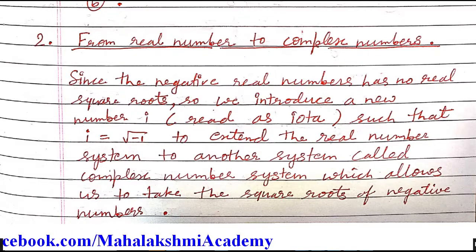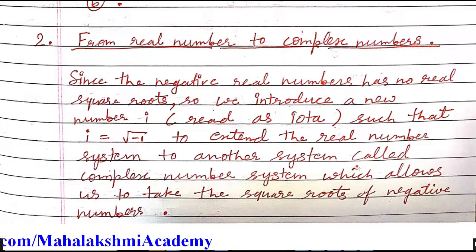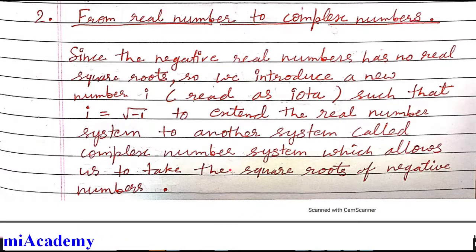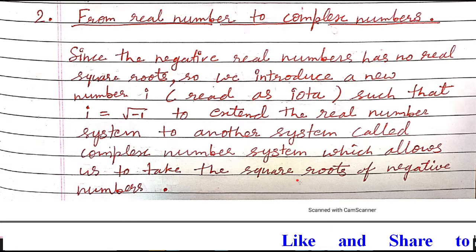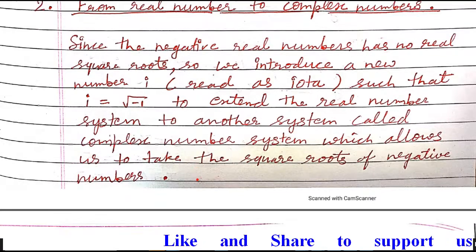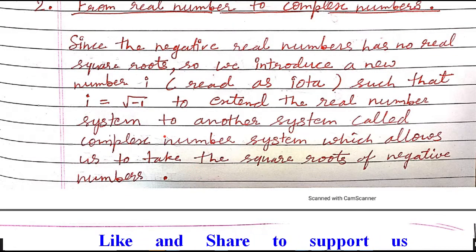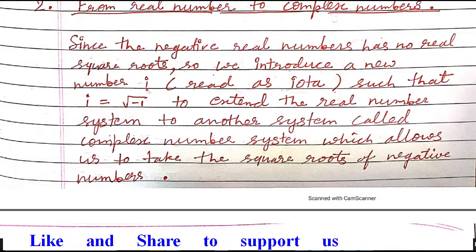To extend the real number system to another system called the complex number system, which allows us to take the square root of negative numbers, this iota will help us move from the real numbers to the complex number system. The new thing we are introducing is the iota.